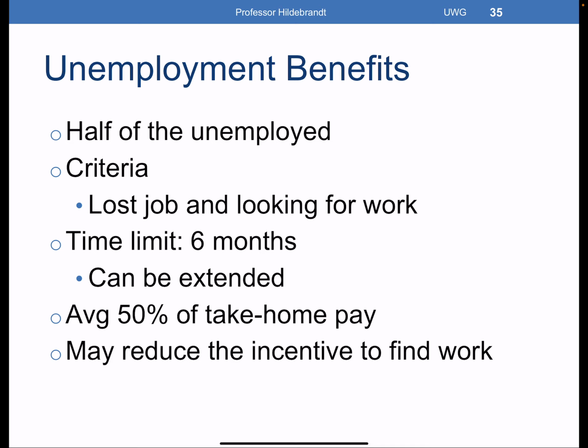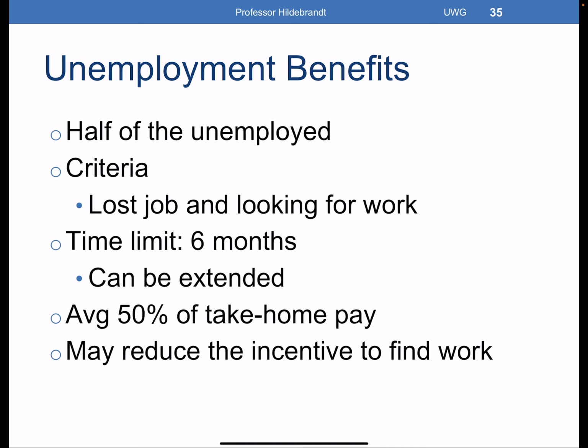Good news, though. I know this is not always a good news chapter when you're talking about not having a job, but the good news is that unemployment is not as detrimental as it was in the past. We do now have a fairly robust unemployment benefit program here in the United States. At any given time, on average, about half of those who are unemployed qualify for unemployment benefits.